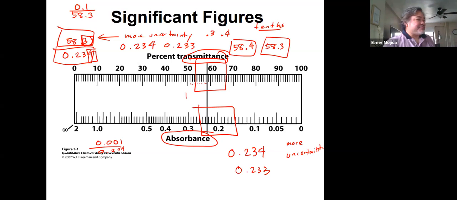Try to do the calculation. I'm trying to look at my calculator.